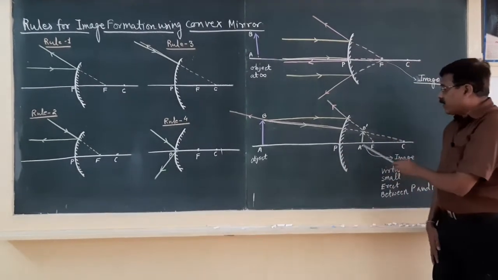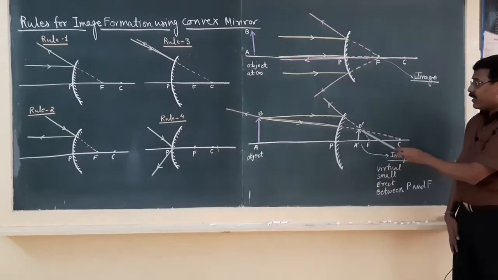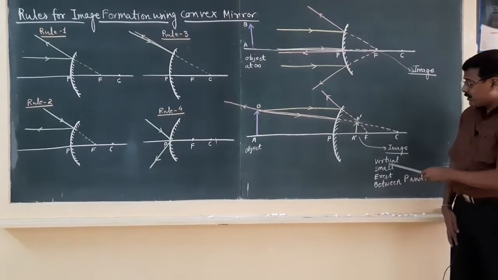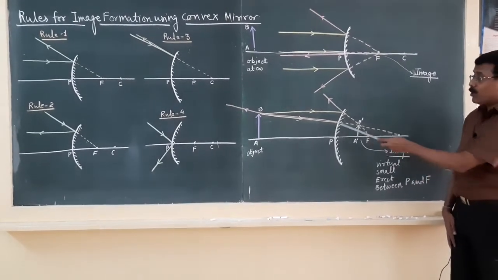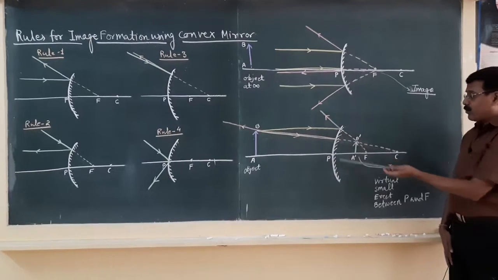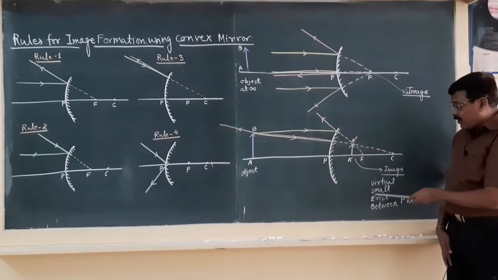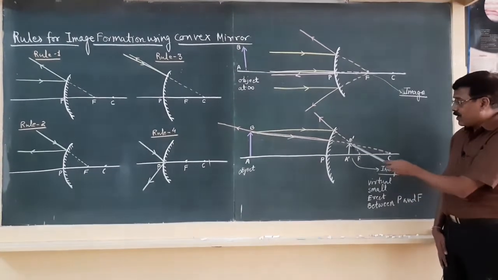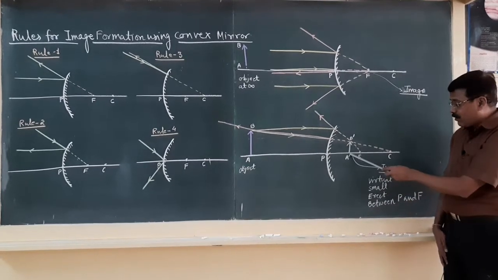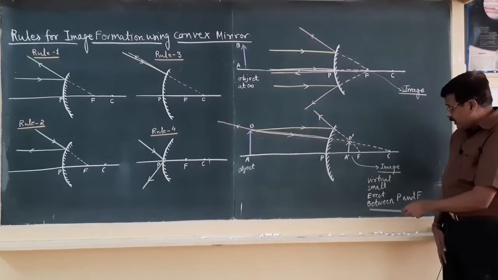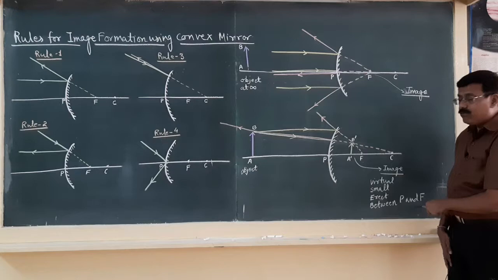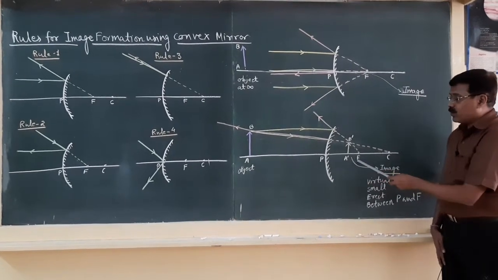What are the characteristics of this image? The image is virtual, because a real intersection point is not possible, small in size, and thirdly it is erect, perfectly upright, and fourth, it lies between the pole and the focus.